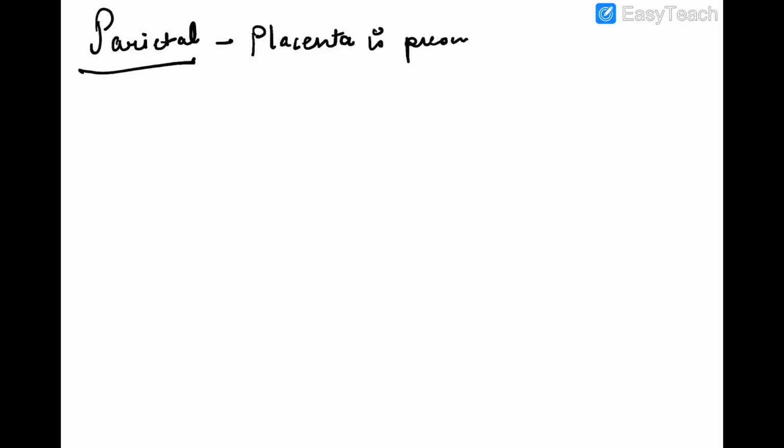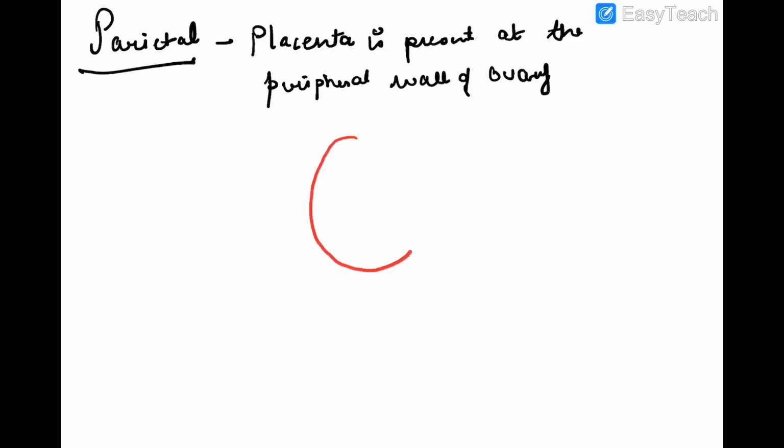Now the next type of placentation is parietal. In parietal placentation, placenta is present at the peripheral wall of the ovary. So if this is the ovary, and the placenta would be present at the parietal wall.